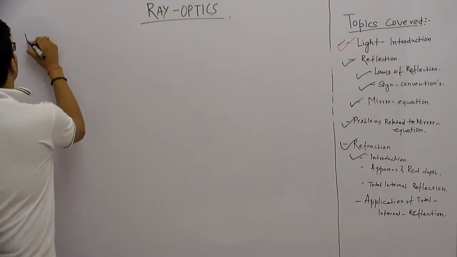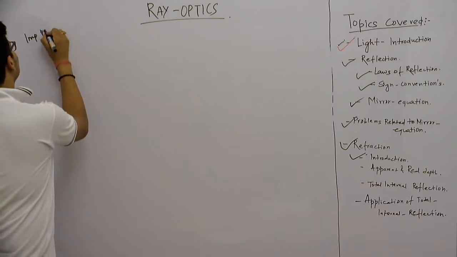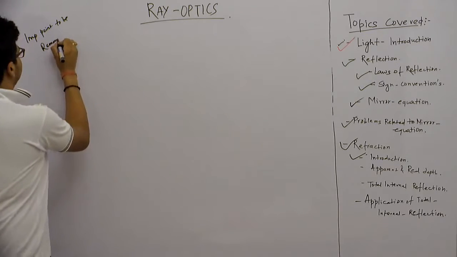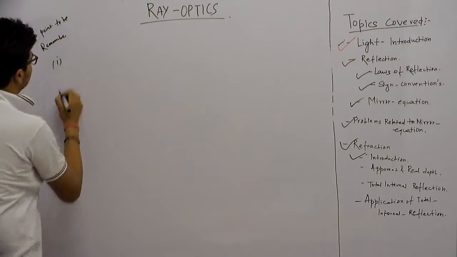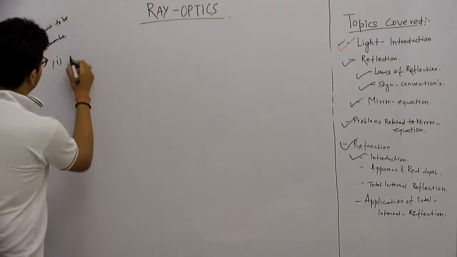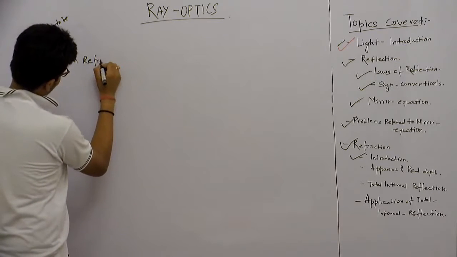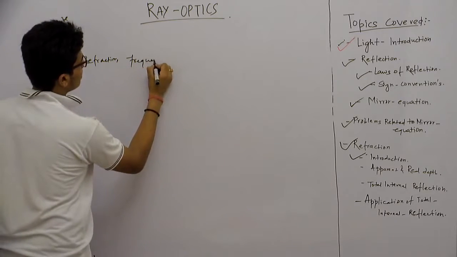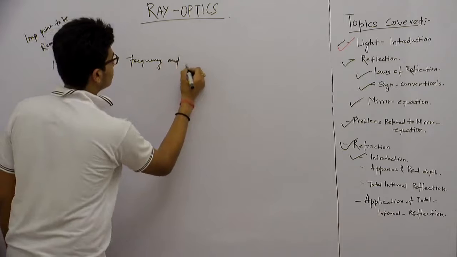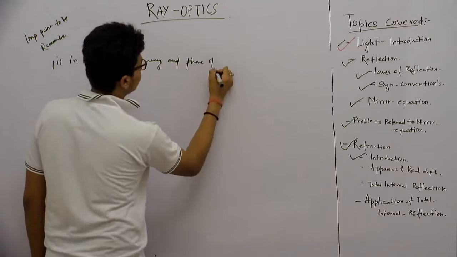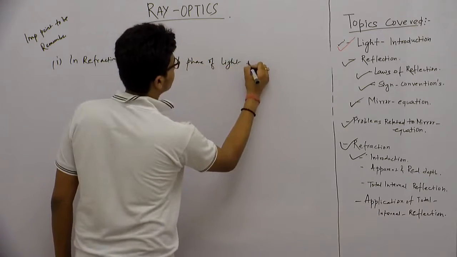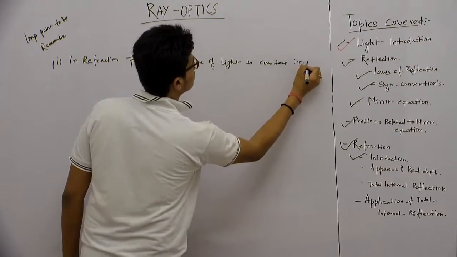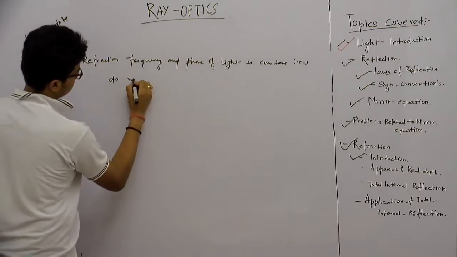So, important points to remember. First, in refraction, the frequency and phase of light are constant, that is, they do not change.